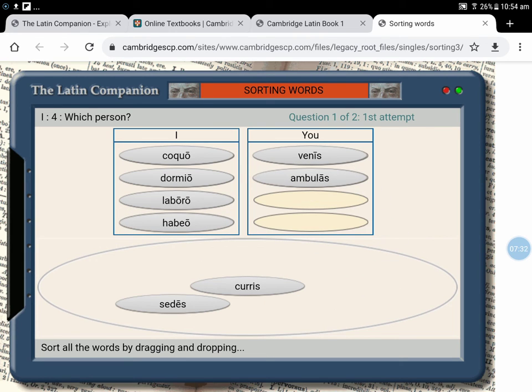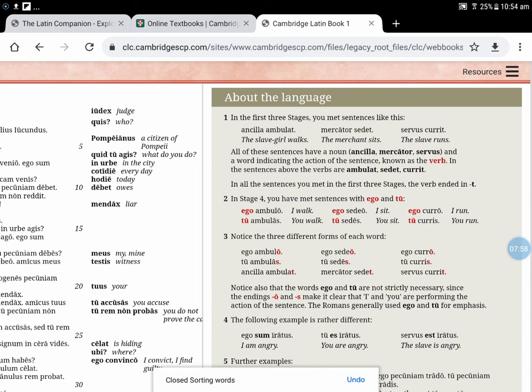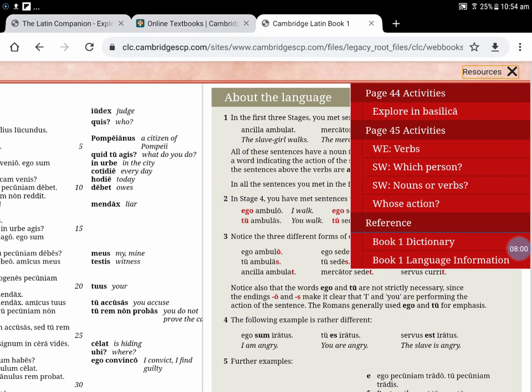Ambulas, that means you do something. Curris, you do something. Sedes, you do something. I've got them all right. It tells me o on the end always means I cook, I sleep, I work, I have. S on the end always means you come, you walk, you run, you sit. And there's other questions for you to try. So that's sorting words.